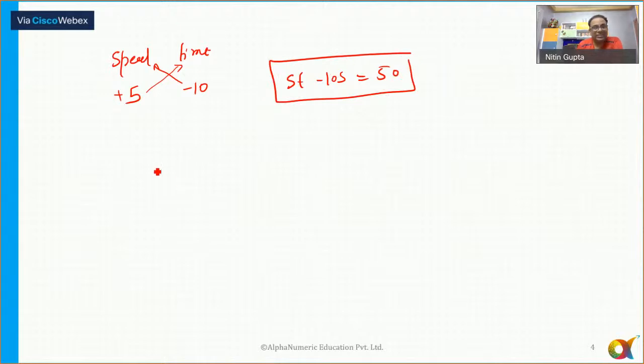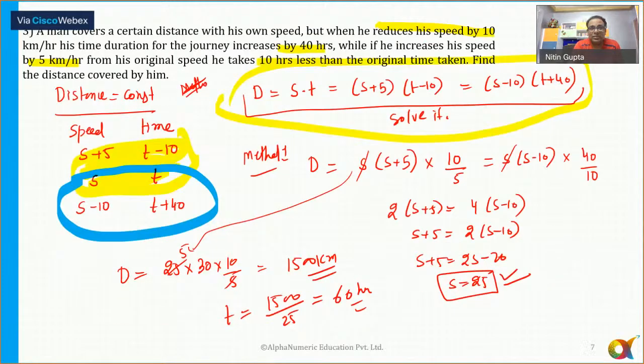Now for the second case, in the second scenario, if my speed decreases by 10, minus 10, the time increased by how much? It increased by 40. I think it was by 40 hours less. Let me check here once again.